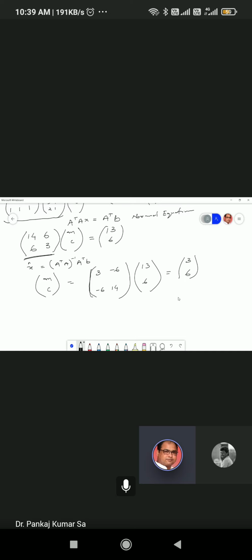This I can always write as 3 6, or if I take 3 common, this actually becomes 1 2. Or if I take 6 out, that becomes half 1, or 1 2 also I can write.